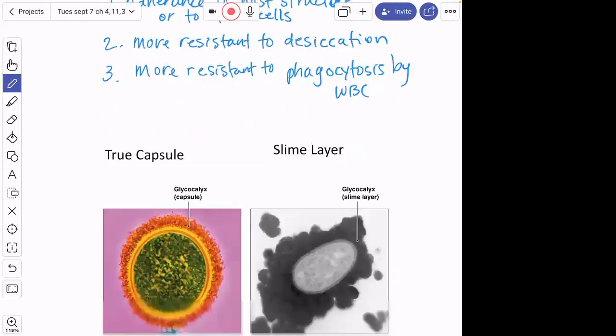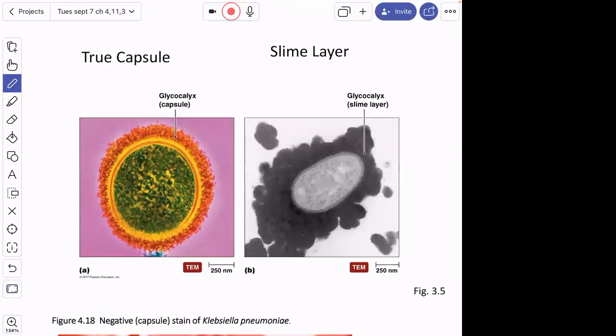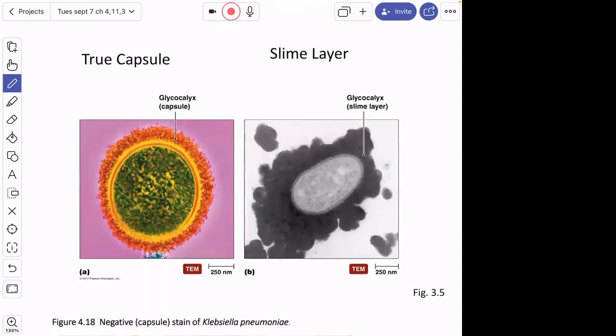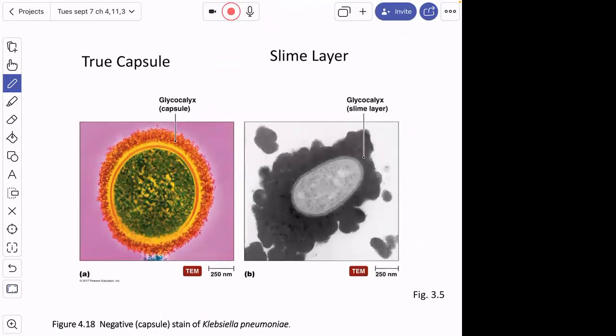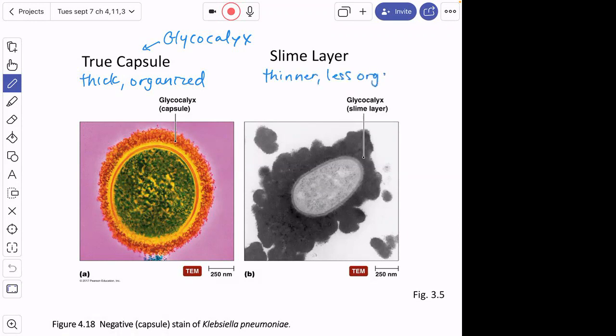Okay, so pictures from your book. We typically will consider a glycocalyx as either a true capsule, meaning it's very thick and kind of organized around the cell wall of that cell, or it's maybe a little bit thinner and less organized.